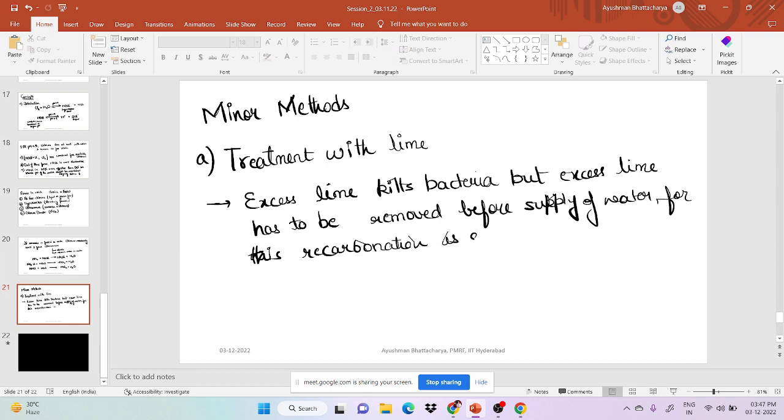Recarbonation is basically when CO2 is passed, it forms a precipitate as CaCO3. So excess lime is removed from the water. So this is treatment with lime. Other is treatment with nascent oxygen.